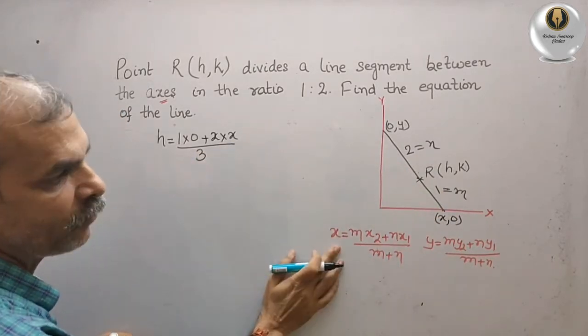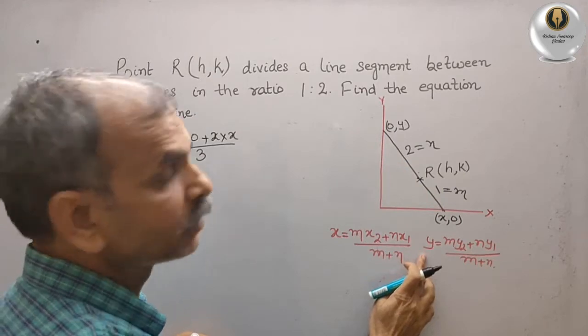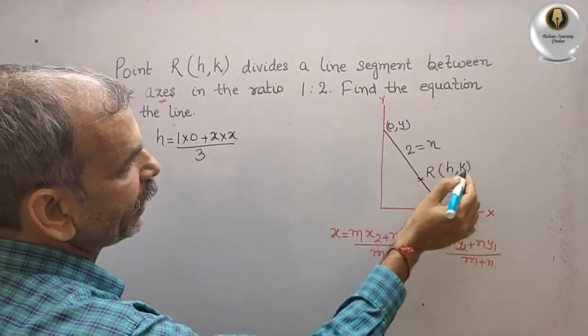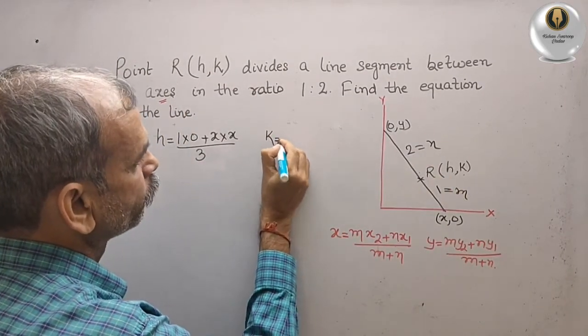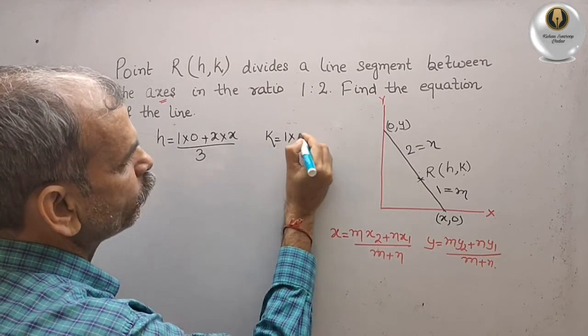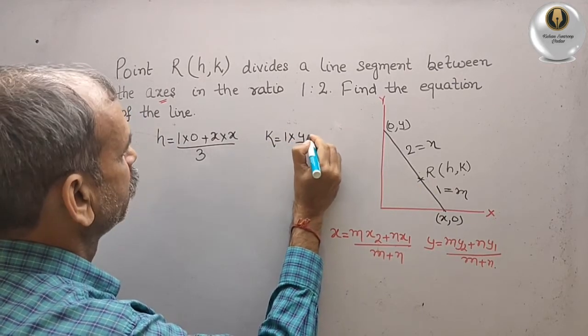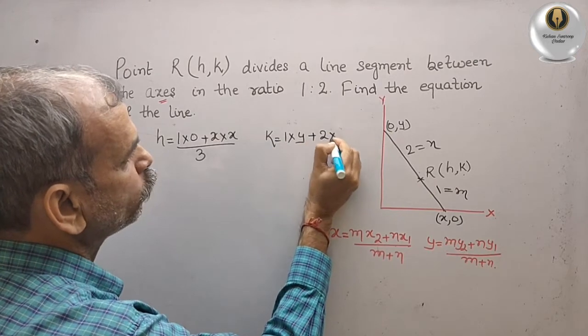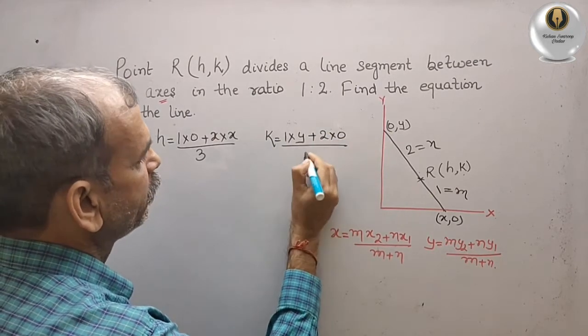This is for this one. Now we will find this. So we will get k is equal to 1 into y plus 2 into 0 by 3.